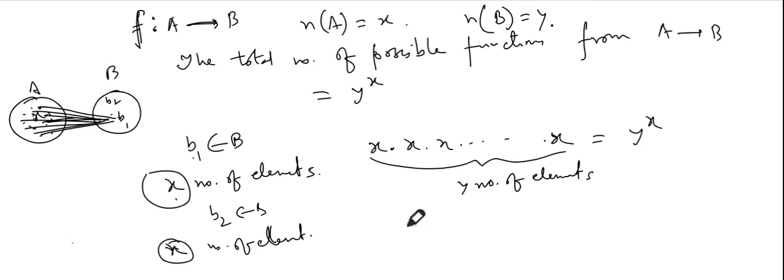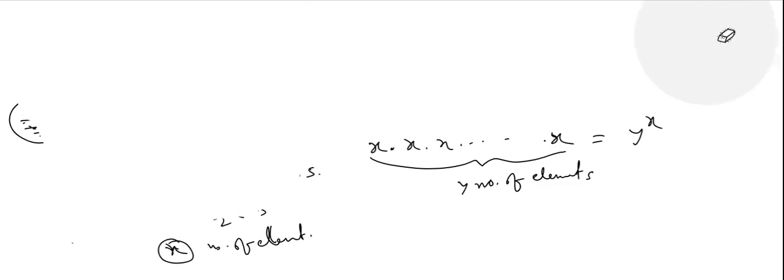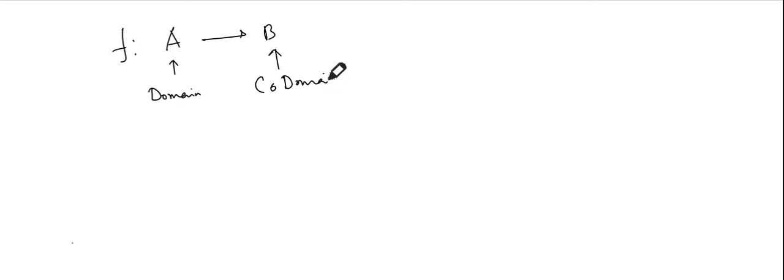Now there are some notations, or namings, for these functions. Suppose f is a function from A set to B set, then A is called the domain and B is called the codomain, or loosely we may call it the range.